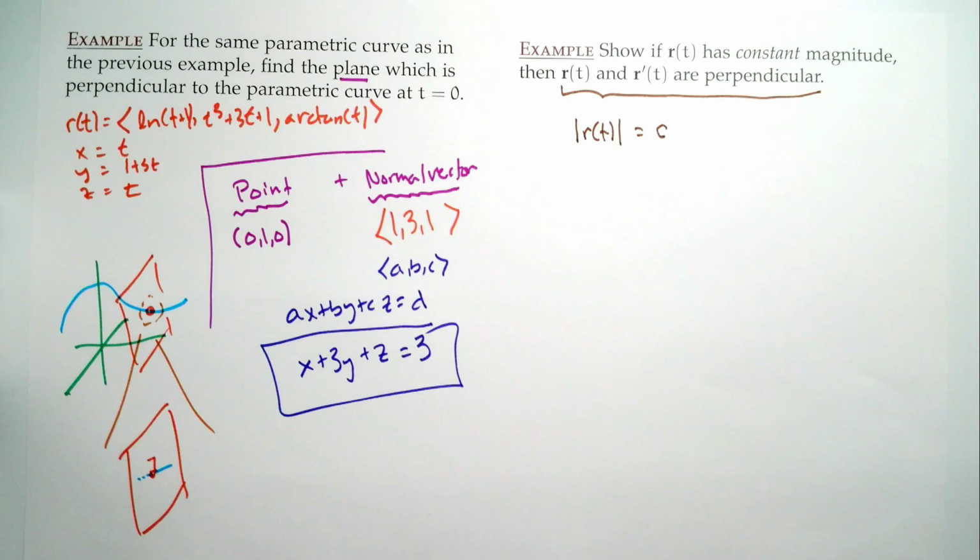So let's think about what we have. We are given the fact that the magnitude of r of t is equal to a constant c, and we'd like to somehow get dot products involved. So we start rummaging around in our tool chest and say, was there any fact that connects magnitude and dot product?